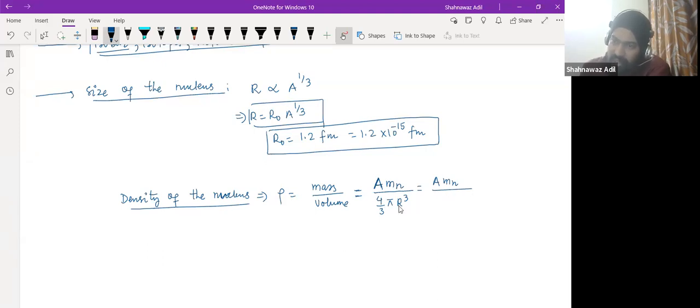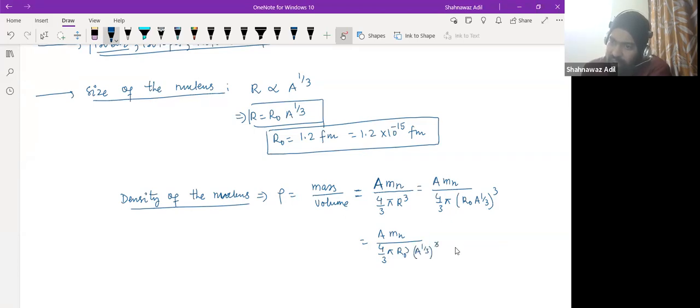And then this is 4 by 3 pi, R naught and A to the power 1 by 3, cubed. So this would be A and Mn divided by 4 by 3 pi R naught cube and A to the power 1 by 3, power 3.